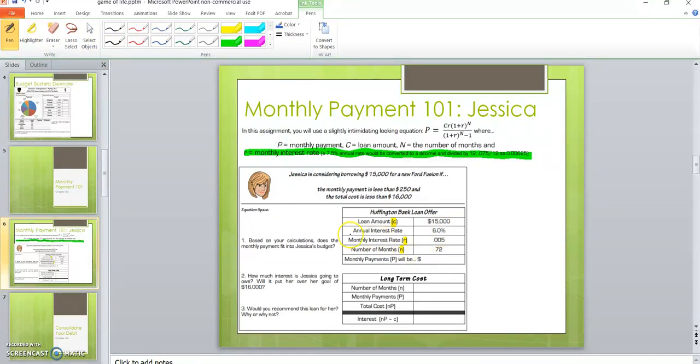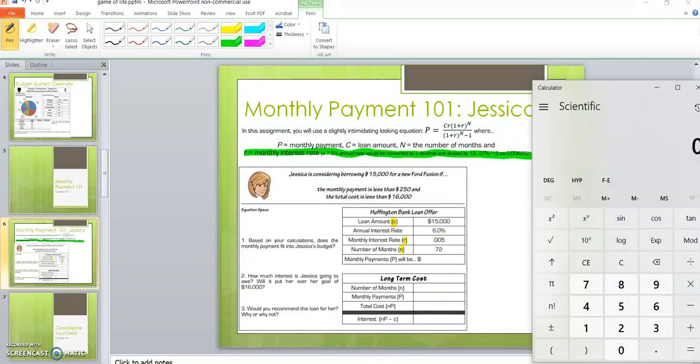If our annual, which means for the year, interest rate is 7.5%, we can find the monthly interest rate by dividing that by 12. To do that, we first convert to a decimal, 0.075, because we've just moved the decimal place 2 times over, and then we divide by 12.